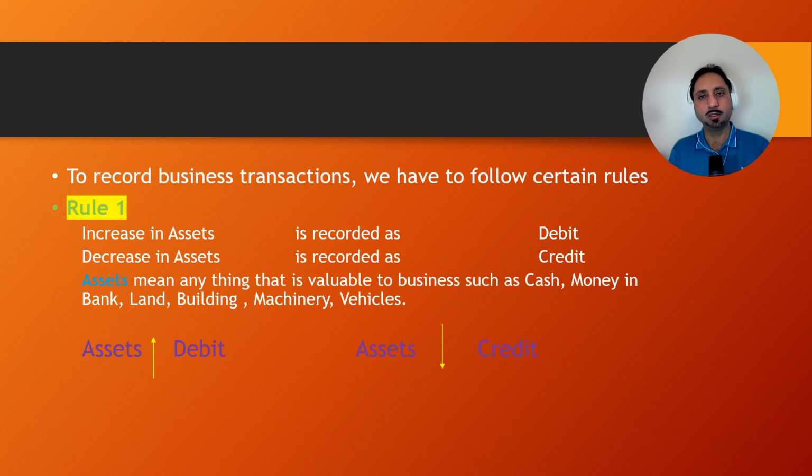Likewise, Nestle used its cash to purchase the machinery. So the asset named cash decreased, so that cash has to be credited. That is how we record business transactions, and we followed rule number one as I showed you in my previous example.